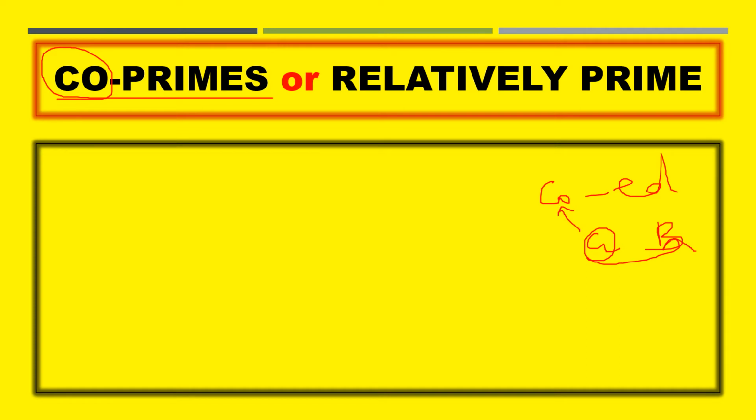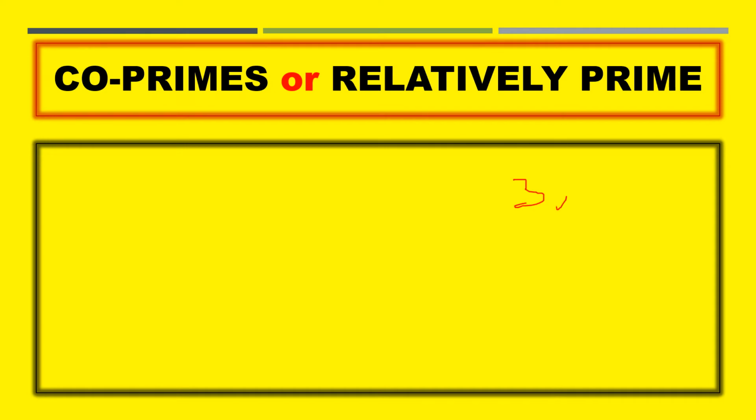So here co-primes means, let me take one example like 3 and 13. Find out the factors for 3 and the factors for 13. This is very important: what are factors and how to find them. 1 and 3 are the factors of 3, because 1 and the number itself are factors of every number, and 1 and 13 are the factors of 13.